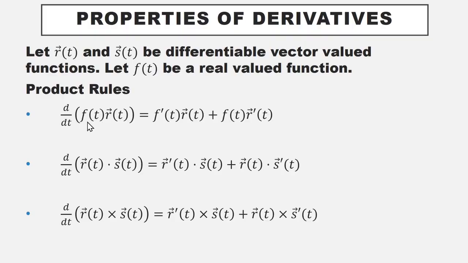You take the f of t, you'd multiply times the x component, times the y component, times the z component. Well, if you take a derivative of the product of f and r, the product rule says take f prime times r, that is normal r, plus normal f times the derivative of r.